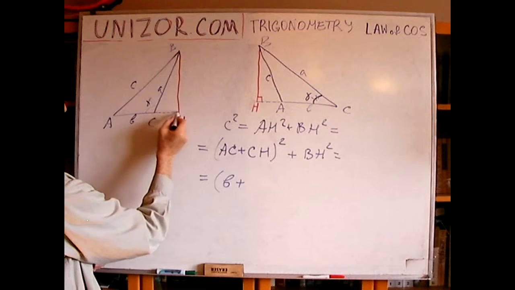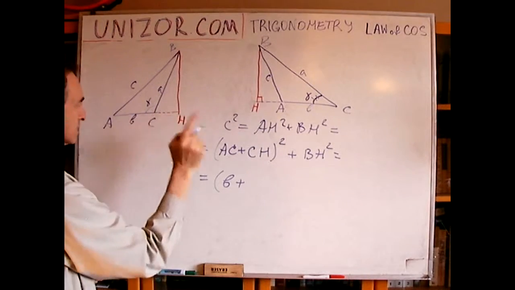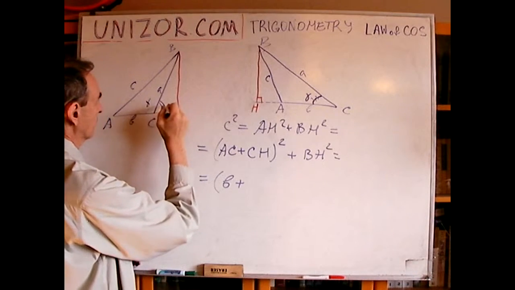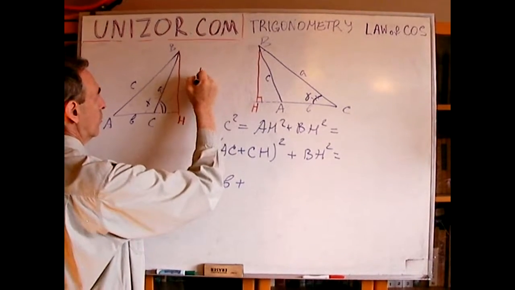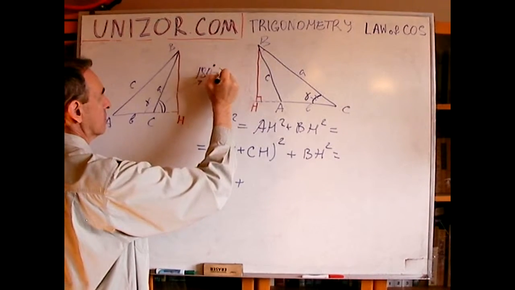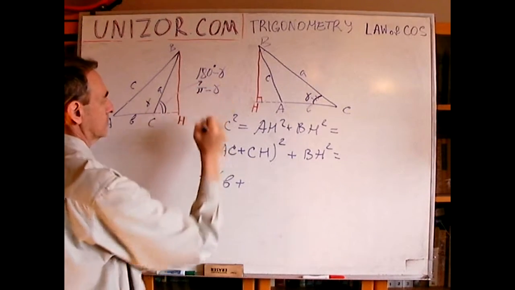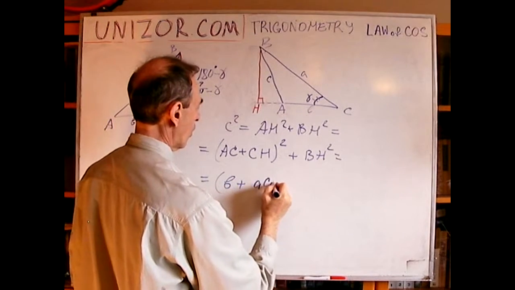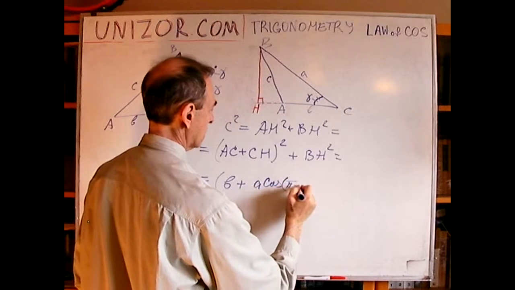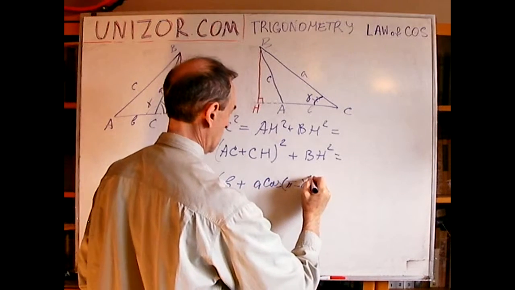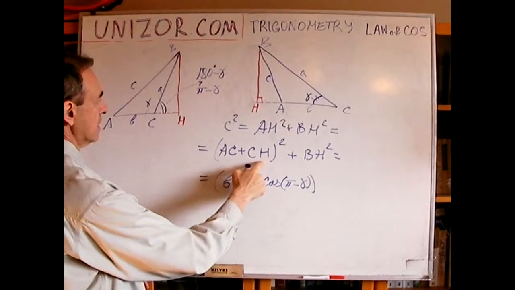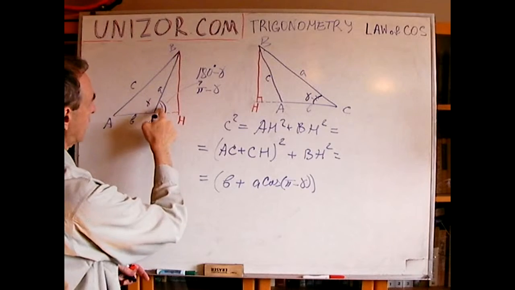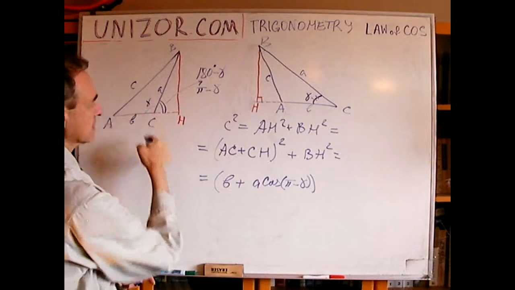This is an adjacent side, but not to the angle gamma, but to the angle 180 degrees minus gamma, or pi minus gamma. So you now have a cosine of pi minus gamma. That's what CH is. CH is hypotenuse A times cosine of this angle, which is pi minus gamma.